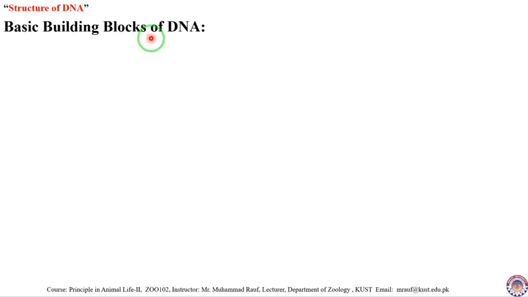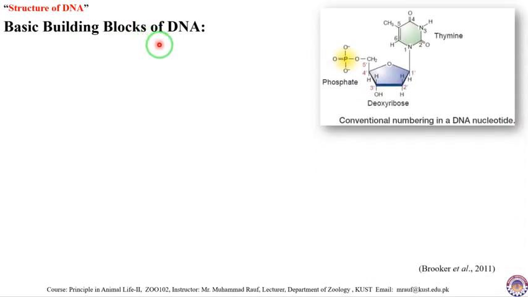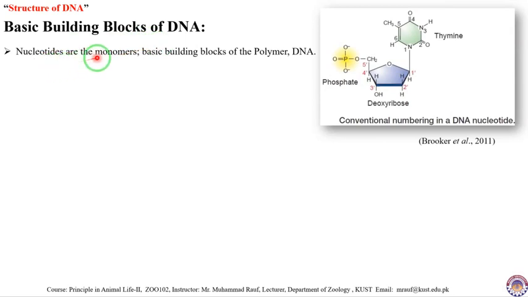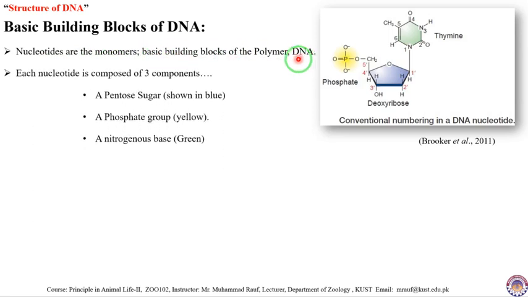Basic building blocks of DNA. Nucleotides are the monomers. These are the basic building blocks of the polymer DNA. Each nucleotide is composed of three components: this one is the pentose sugar, this is the phosphate group, and this is the nitrogenous base.